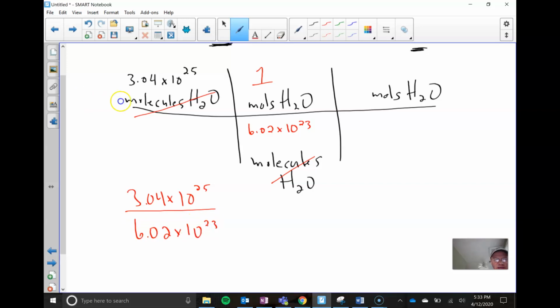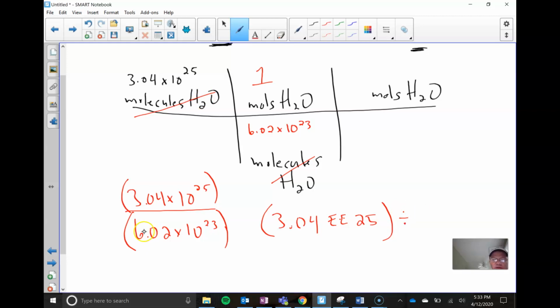So now keying this in the calculator, we've got 2 sets of parentheses that we're going to have to employ. So this is what that would look like. Open parentheses, 3.04 EE, if you're using an iPad or iPhone calculator, 25, close parentheses. You got to close parentheses. Then hit your division sign.